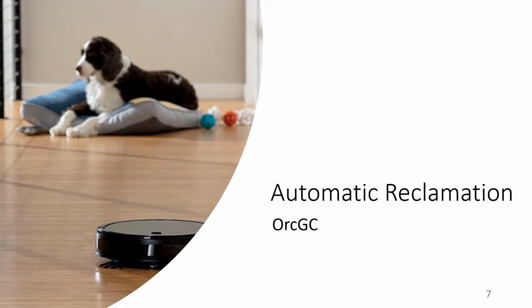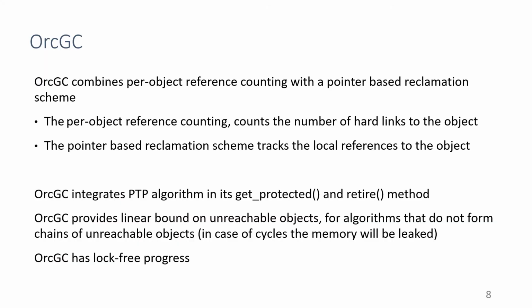Now I will give an overview of OrcGC, our automatic memory reclamation. To reclaim memory, OrcGC must detect when an object becomes unreachable. For that, it combines per object reference counting with a pointer-based reclamation scheme. The reference counting is used to count the number of hard links to the object, and the pointer-based reclamation scheme tracks the local references to the object.